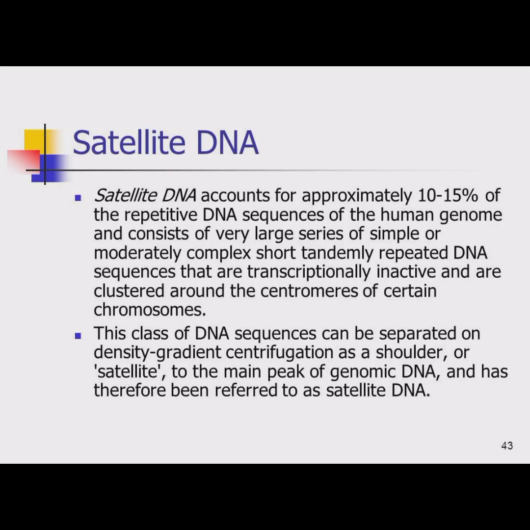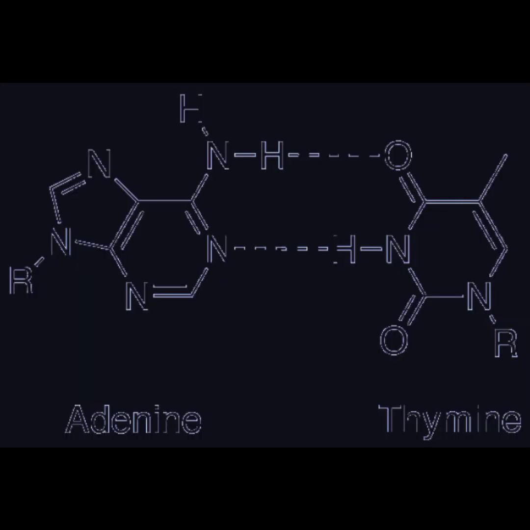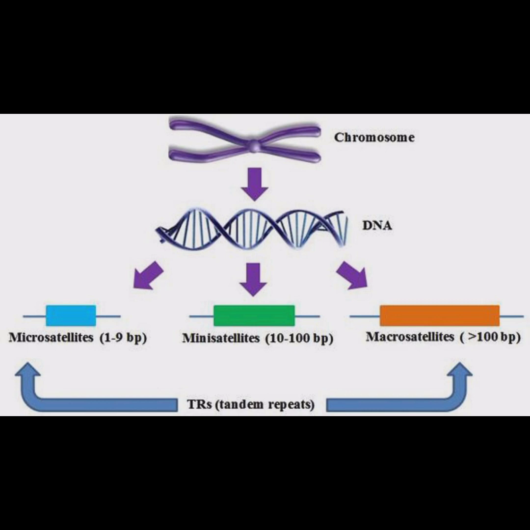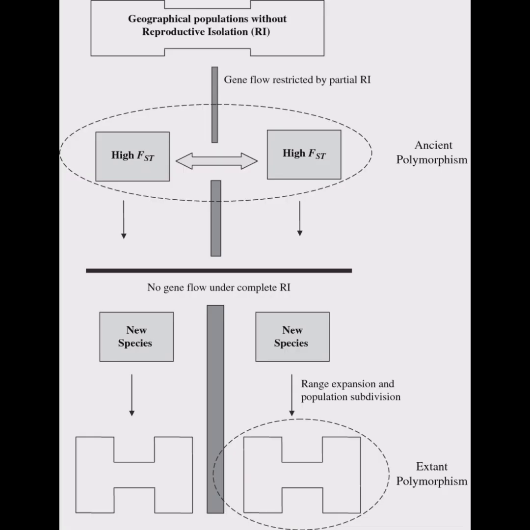Depending on the base composition, that is adenine-thymine rich or guanine-cytosine rich, the length of the segment and the number of repetitive units, the satellite DNA can be classified into many categories like microsatellites, minisatellites, etc. These types of sequences show a high degree of polymorphism, and this forms the basis of DNA fingerprinting.